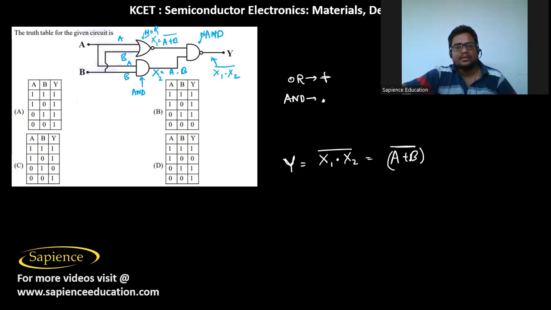And NOT we signify by using a bar. So A or B whole NOT is X1, and X2 is A and B, and again it's whole NOT.